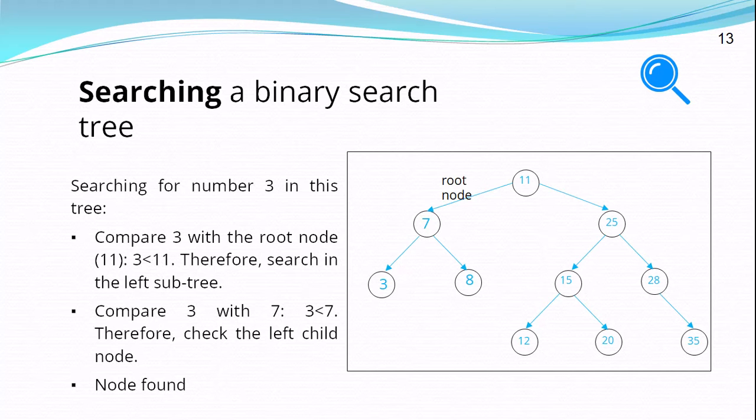Well, what I can do is to first of all compare it with the mobile number stored here. And it turns out, let's assume, that it's greater than the mobile phone number held in the root node. So I'm going to follow this path here and then perform the test again. Notice what's happened. I'm completely ignoring the whole of this possibly enormous subtree which might contain 1,000,000 numbers. I don't have to search through those.